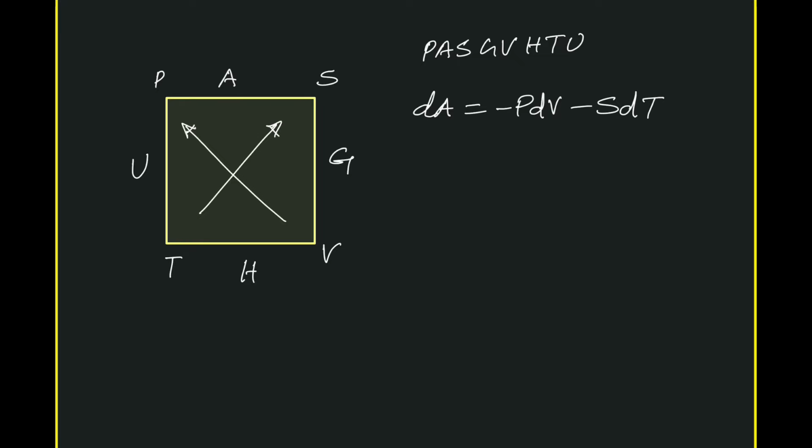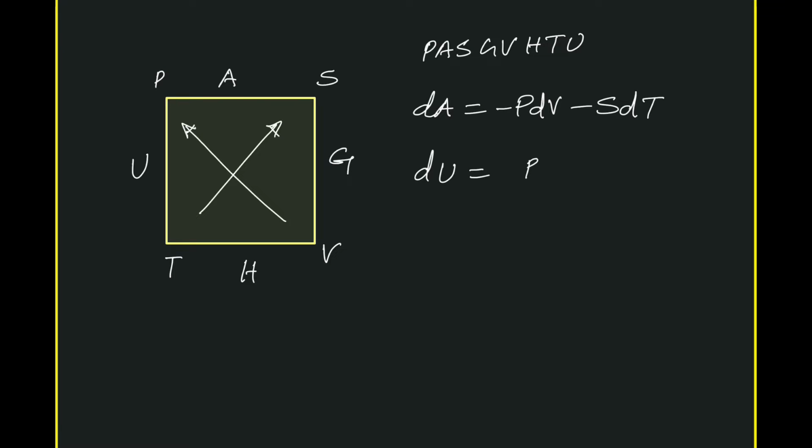We can understand the usage of this mnemonic diagram with respect to another variable as well. So let us write the differential equation for U. dU equal to, for U we have P and T as the side variables.